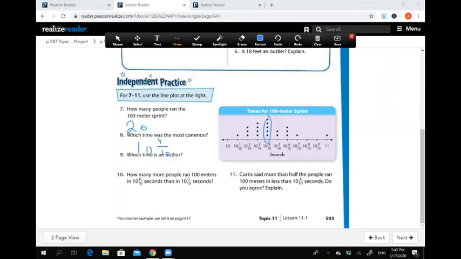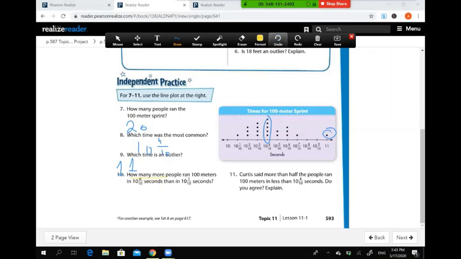Which time is an outlier? As we can see, 11 seconds is far away from the other values, so it is the outlier, 11 seconds. How many more people? When it asks how many more, this means we should use minus.